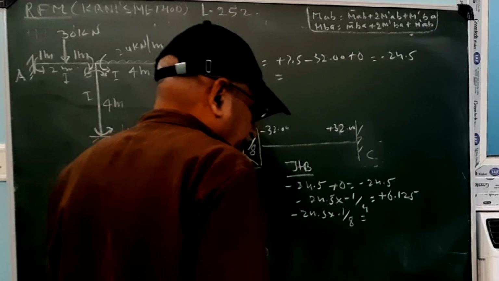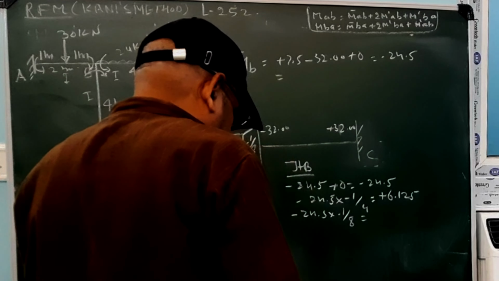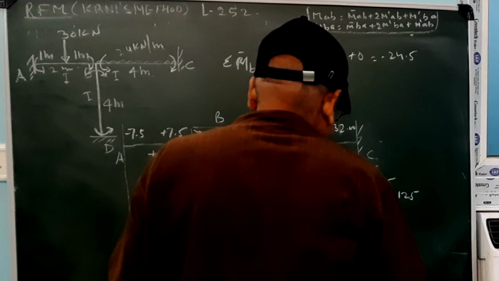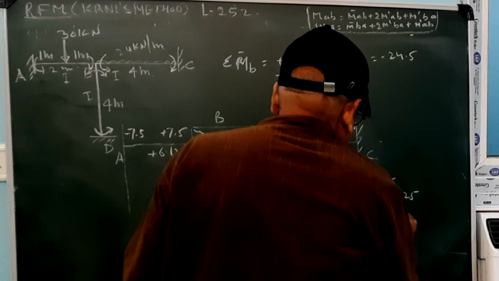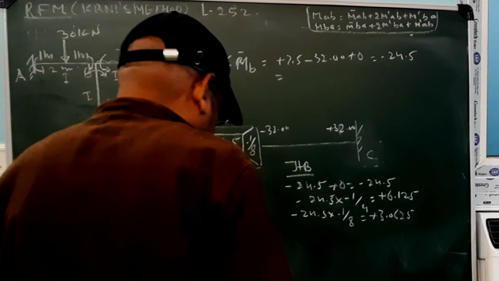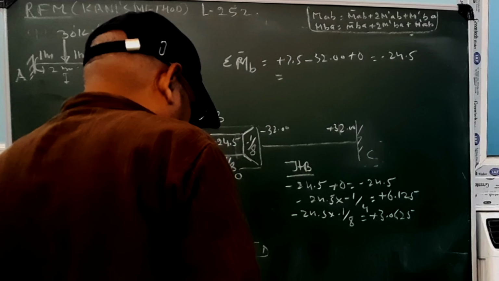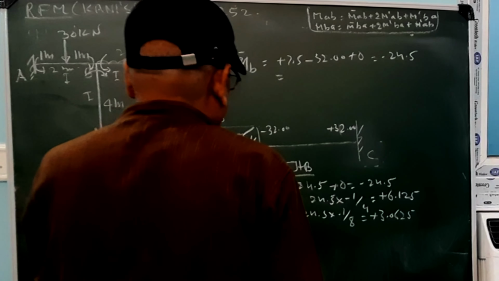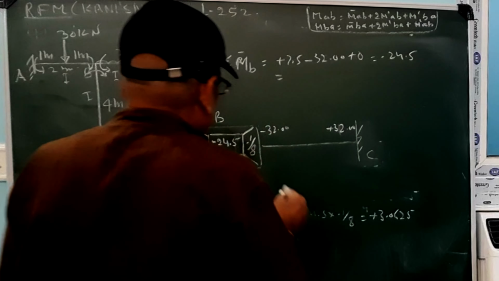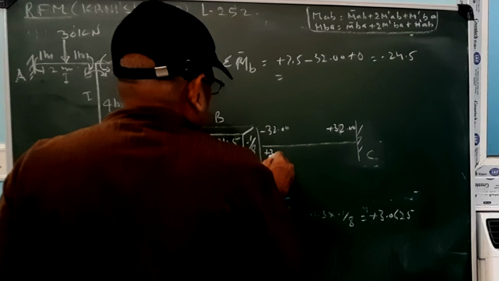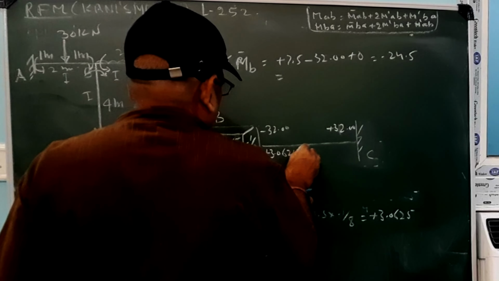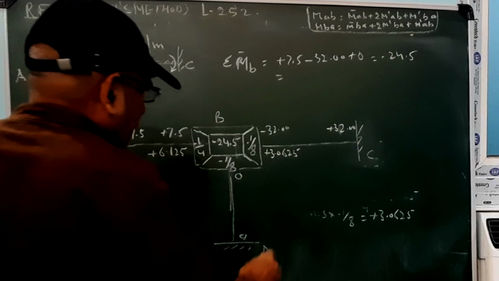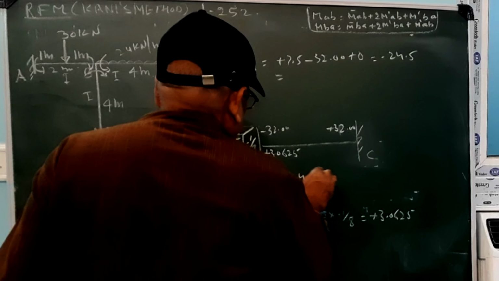So this will be 3.0625, plus 3.0625. And what about this other 1/8?